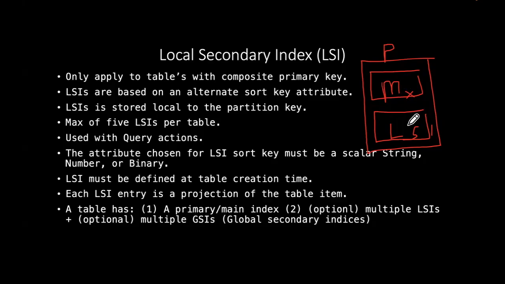Whatever movie IDs were mapped to this particular partition, supposing there are a couple of hundred of them, then the local secondary index will only relate to those particular movies. That's what we mean when we say that the LSI is stored local.